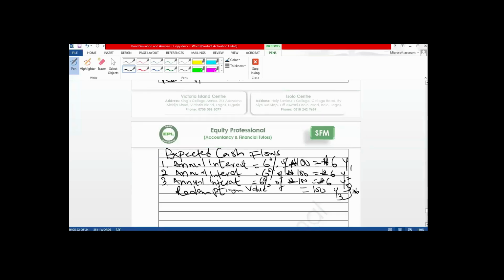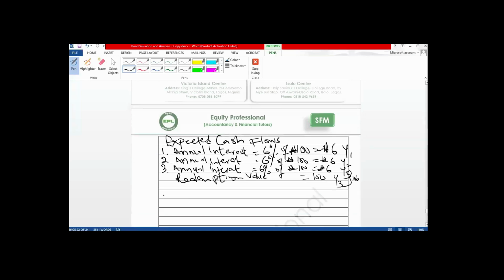And we say the price of bond C is equal to cash flow in year 1 over 1 plus R in year 1, plus cash flow in year 2 over 1 plus R in year 2 raised to 2, plus cash flow in year 3 over 1 plus R in year 3.